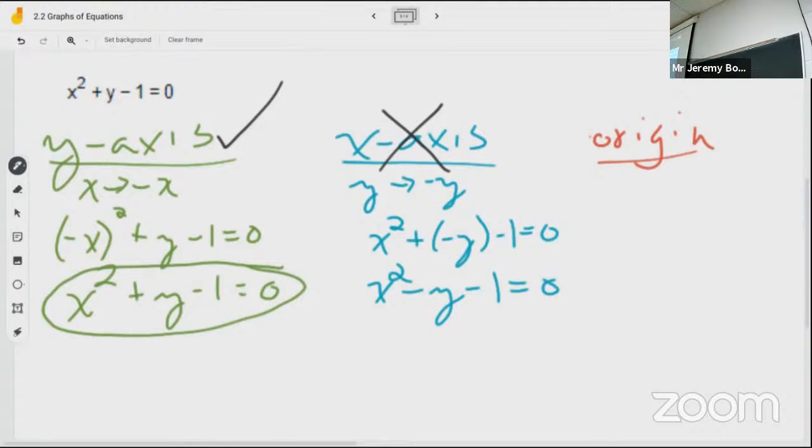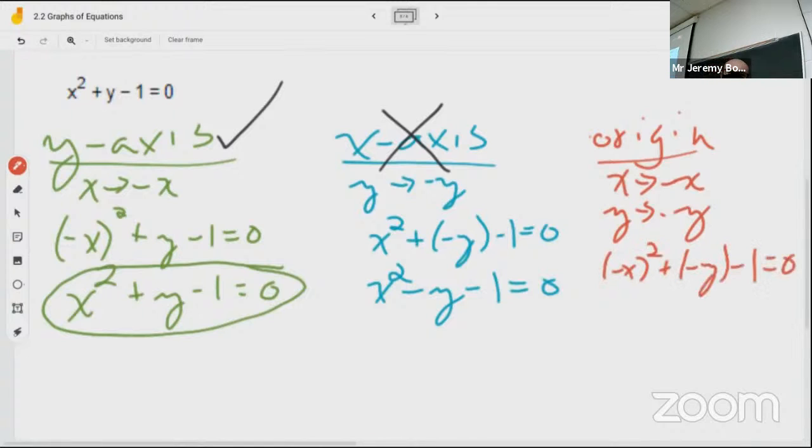Let's talk about the origin. So for the origin, we're going to replace x with negative x. We're going to replace y with negative y. So we're going to have negative x squared plus negative y minus 1 is equal to 0. And we can evaluate the negative x squared.